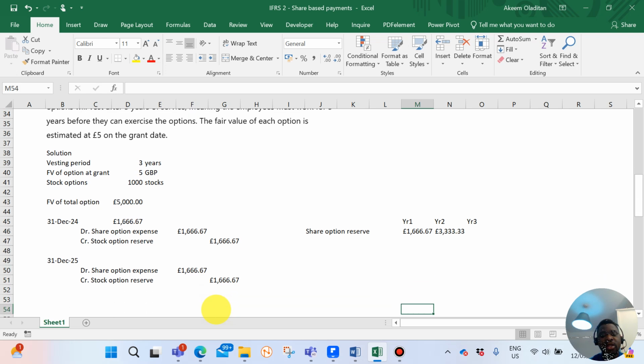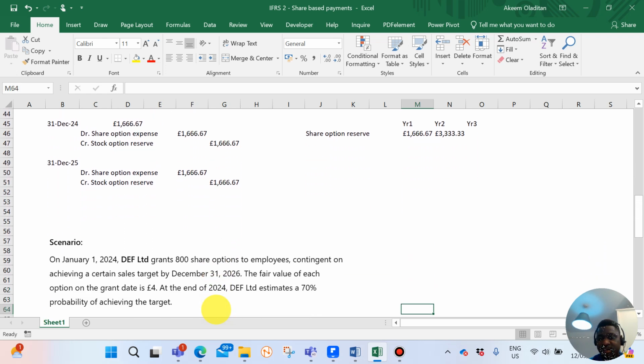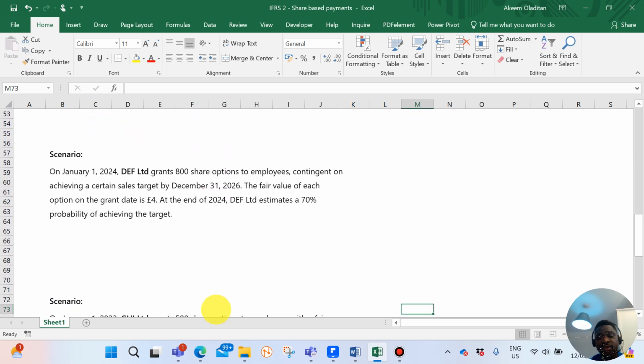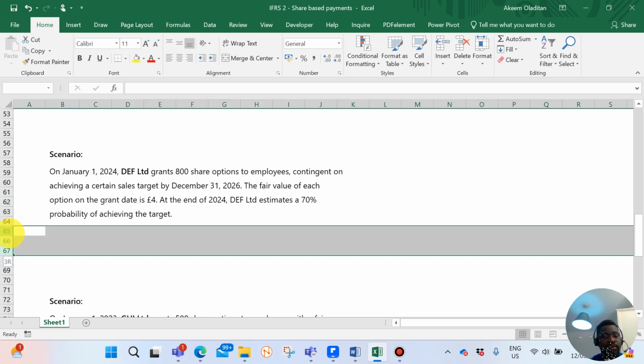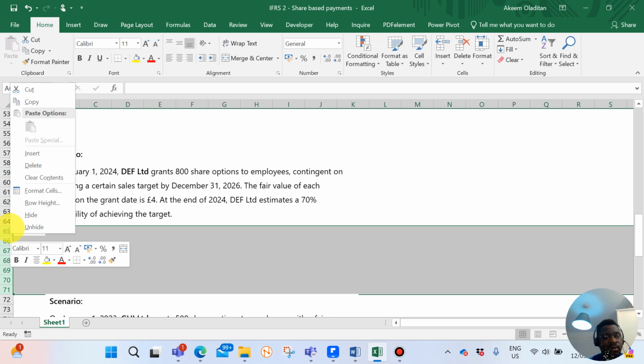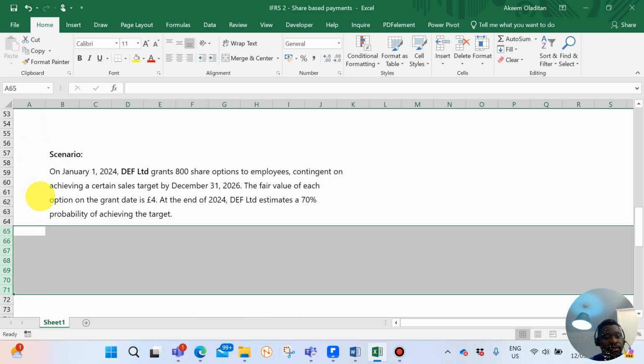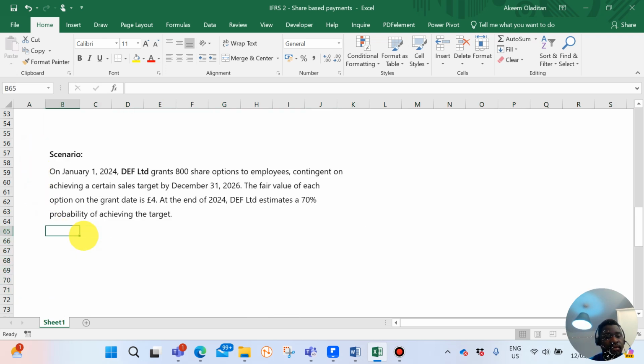So let me now go further and look at another scenario. The second scenario says, let me put a solution here. On January 1, 2024, DEF Limited grants 800 share options to employees.